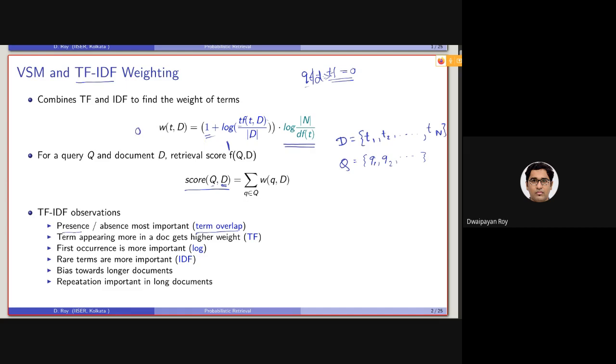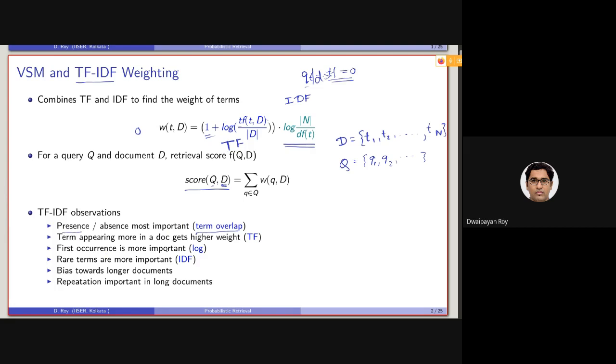Later on, this smoothing will be discussed during the discussion on language models. So presence or absence will be based on the term overlap. A term appearing more in the document gets higher weight due to this factor. So this is the term frequency factor, and this is the inverse document frequency factor.